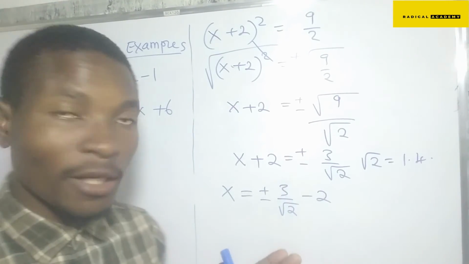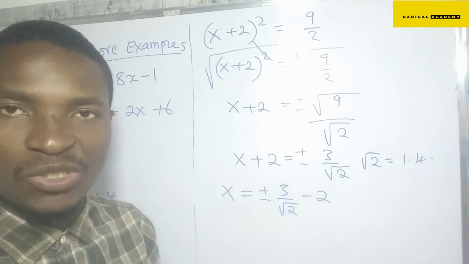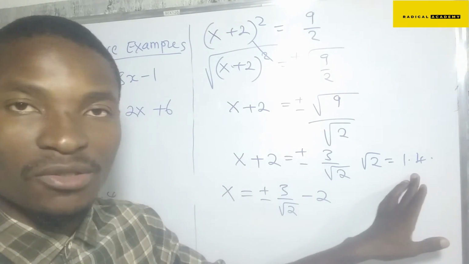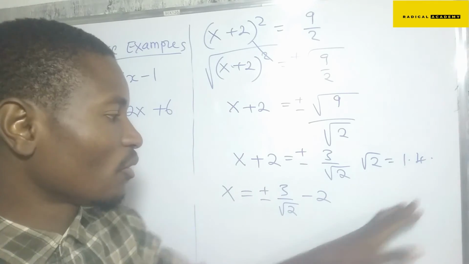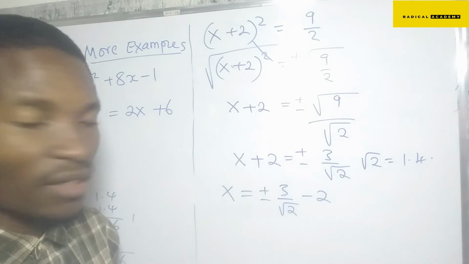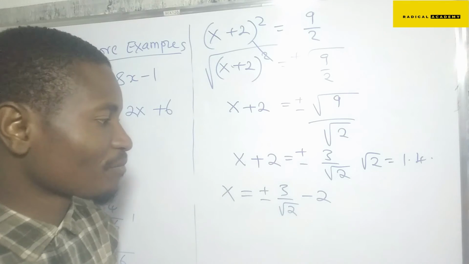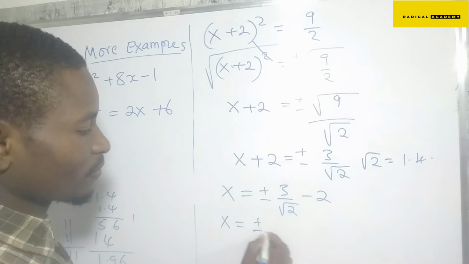Okay, so now the square root of 2 is an approximation. 2 is not a perfect square, so the square root of 2 is an approximation, meaning the square root of 2 equals 1.4, and then this 2 crosses over the equal sign and becomes minus 2. Then what you can just do is plus or minus.